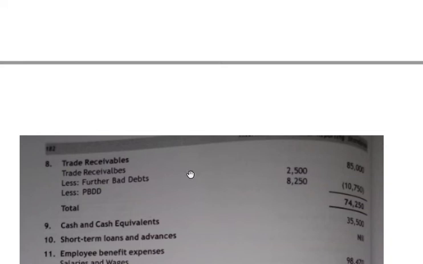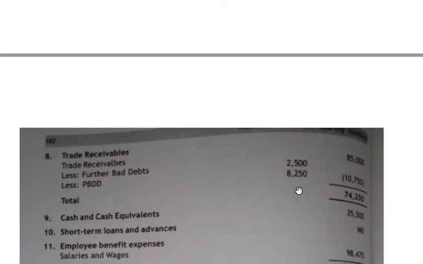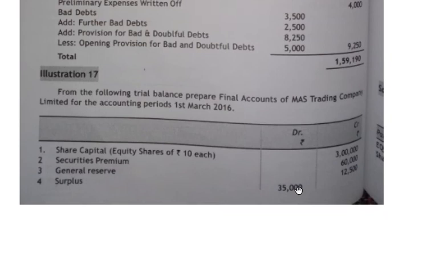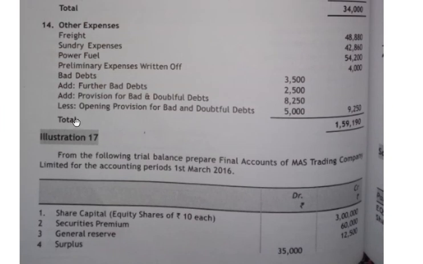I again repeat, trade receivables is nothing but your debtors. So minus your further bad debts which they have given in the question, you get 82,500. So 82,500 into 10% is your provision for bad and doubtful debts. So 8,250 is your provision for bad and doubtful debts.